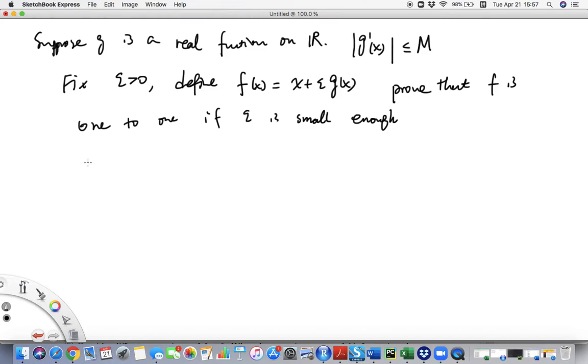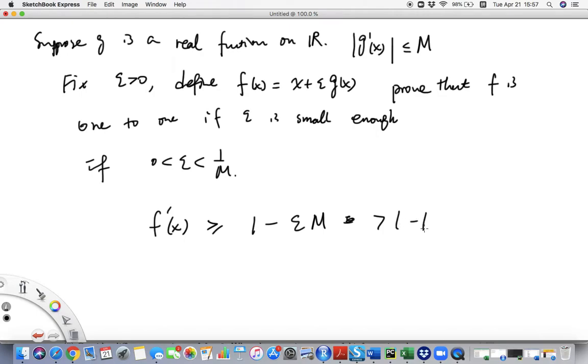If epsilon is between 0 and 1 over M, then f prime of x is greater than or equal to 1 minus epsilon M, which is greater than 1 minus 1, that's 0. Okay, so with this choice of epsilon, f prime is positive, so f is increasing, therefore monotone.